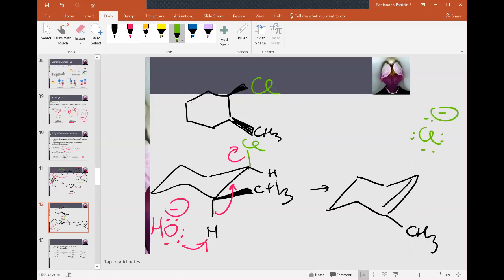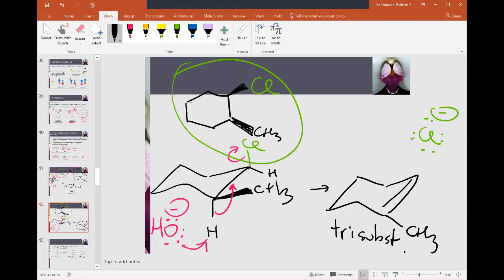And that means that the product that I am forming is the more highly substituted alkene. So in this case, when using this particular starting material, I was able to get a tri-substituted alkene. But in the previous example, we were not able to do that. Isn't that interesting?